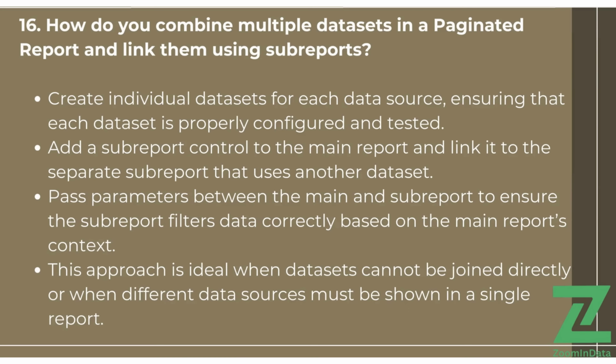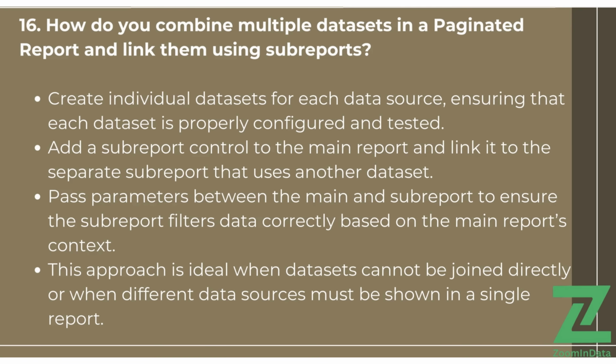16th question. How do you combine multiple datasets in a paginated report and link them using subreports? Create individual datasets for each data source, ensuring that each dataset is properly configured and tested. Add a subreport control to the main report and link it to the separate subreport that uses another dataset.